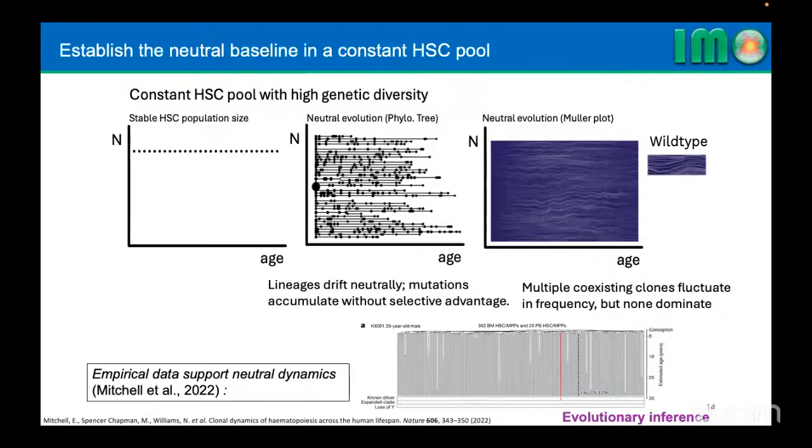If we have a neutral constant HSC population, or neutral evolution, with no selective advantage or fitness in our population, we have a constant population and a neutral evolution phylogenetic tree, and the Muller plot shows multiple coexisting clones fluctuating together. In this paper, based on the data, they observed a symmetric tree when there is no mutation.